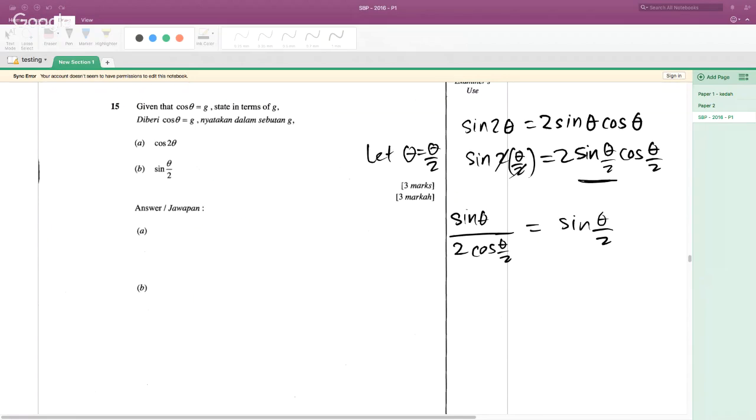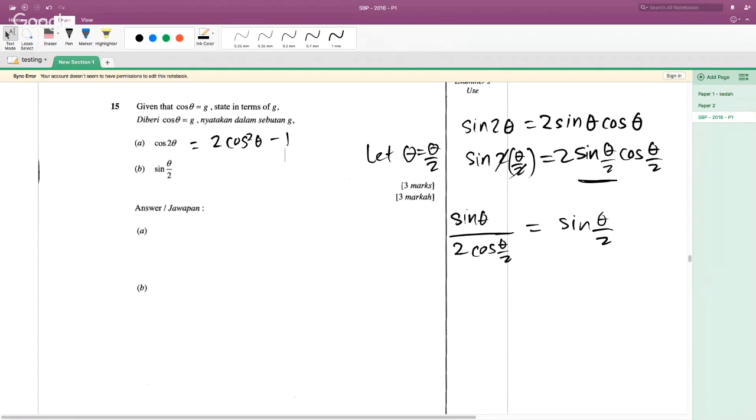Yeah, we shouldn't choose that one, because if we choose that one, we actually make things look quite hard. Two cos square. Okay, for this one, we have 2 cos square theta minus 1.